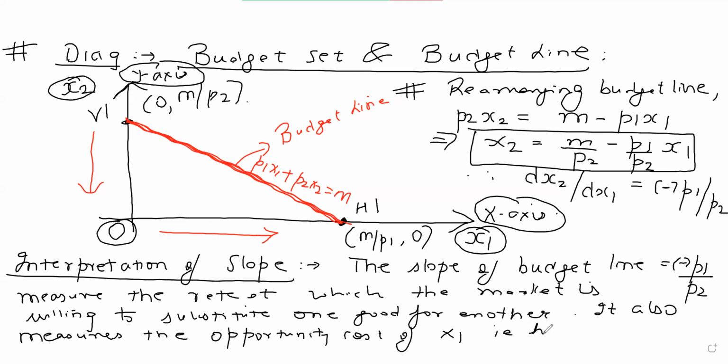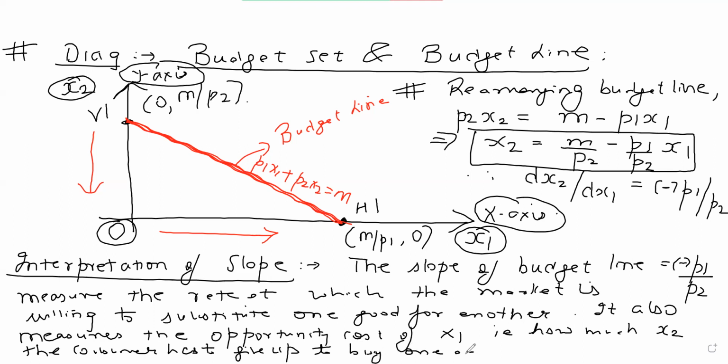That is how much X2 the consumer has to give up to buy one additional unit of X1.